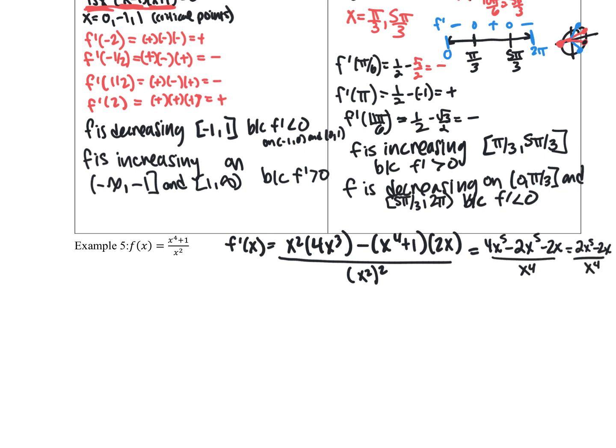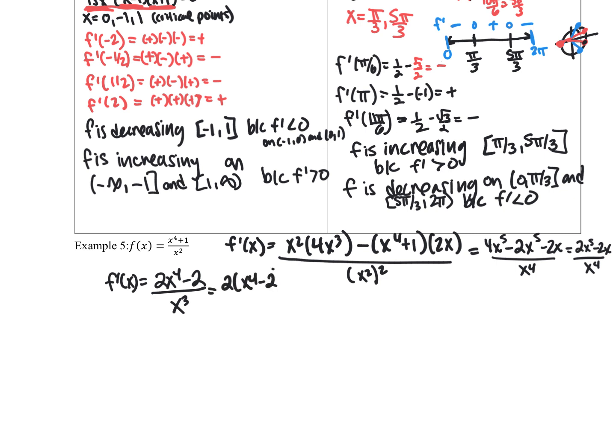Pull out a common factor of x. That will cancel out with the denominator. So we have f prime of x will be equal to 2x to the 4th minus 2 all over x to the 3rd. So it's important to make sure you simplify all the way. This is why we practice this. Ooh, we can even factor out a 2.